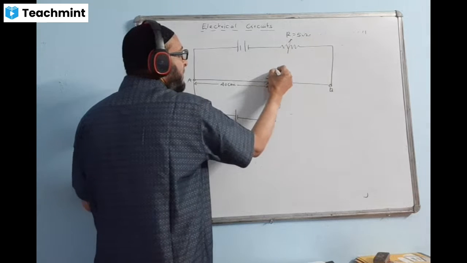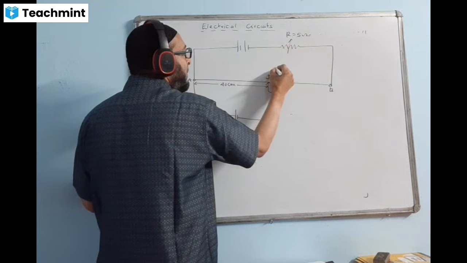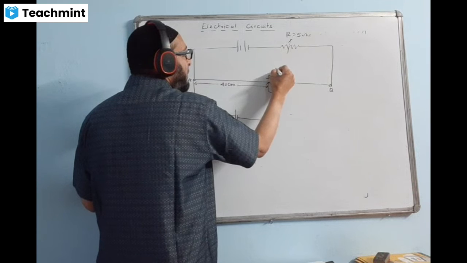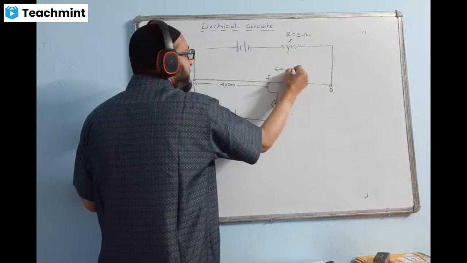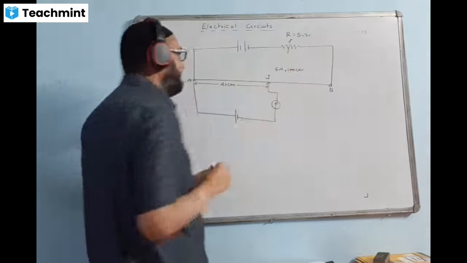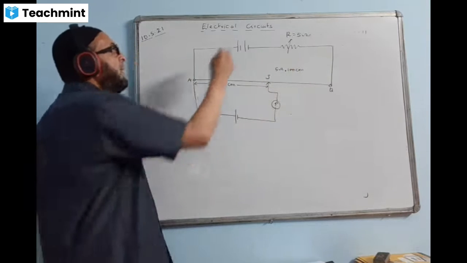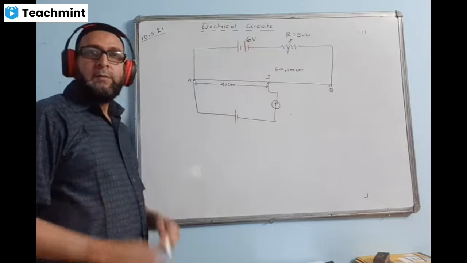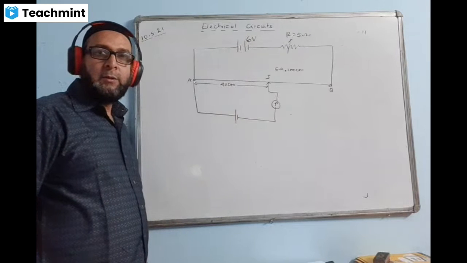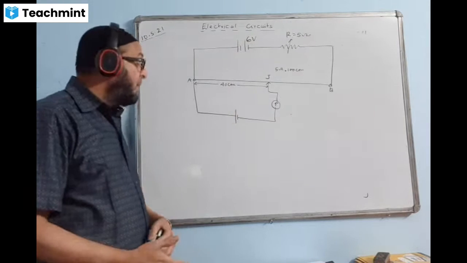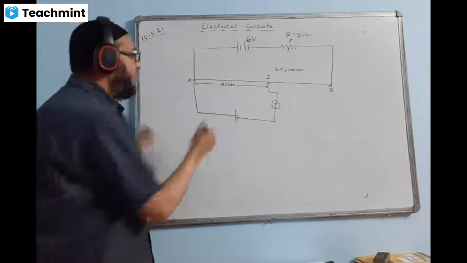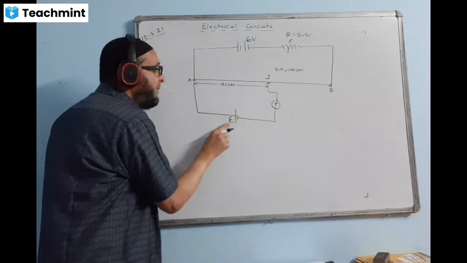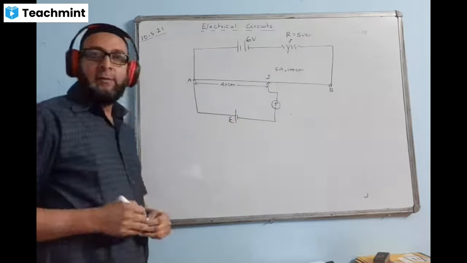This wire they have given like this. 5 ohm, 100 centimeter given. And this is given 6 volt. Okay, here is a diagram given. And they are asking you find the value of the EMF of this cell.